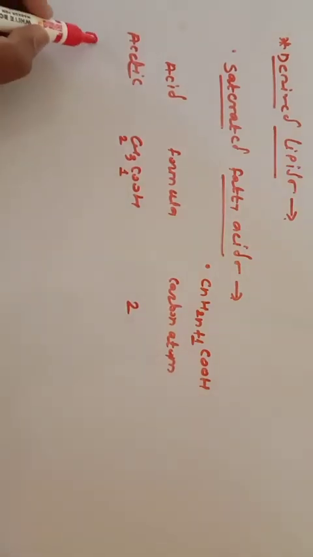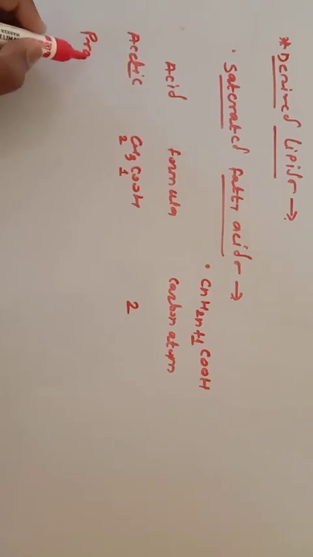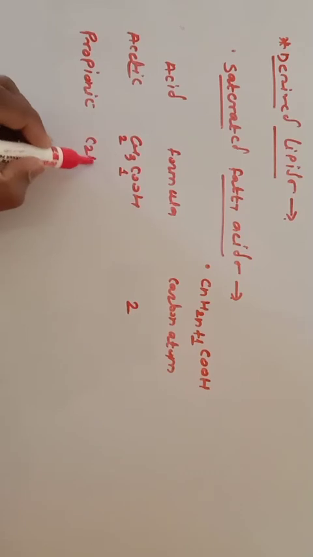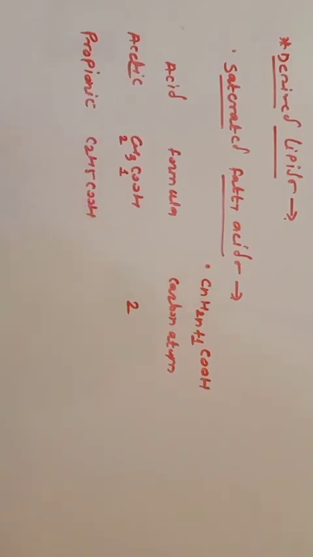Second one is your propionic acid. So it is C2H5COOH is there. So total 3 carbon is there. C2H5 means CH3CH2COOH is there. Again, the next one, that is butyric, C3H7COOH, 4 carbon.